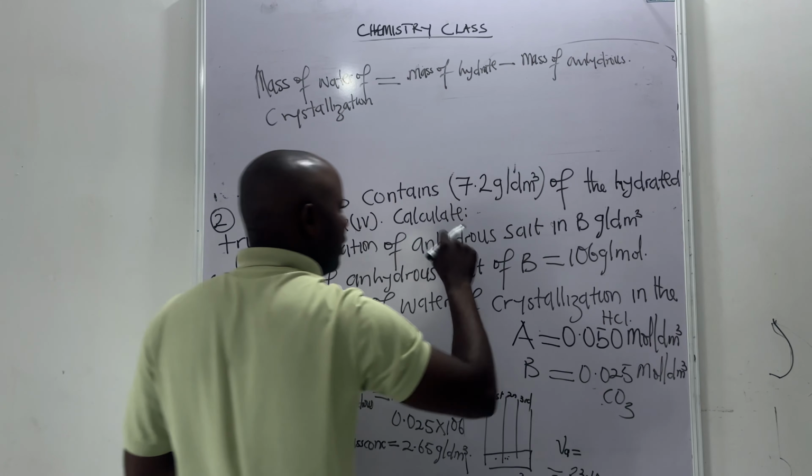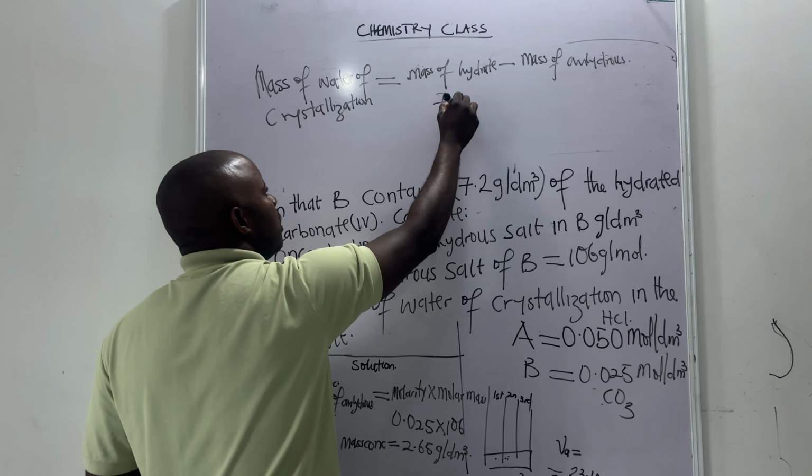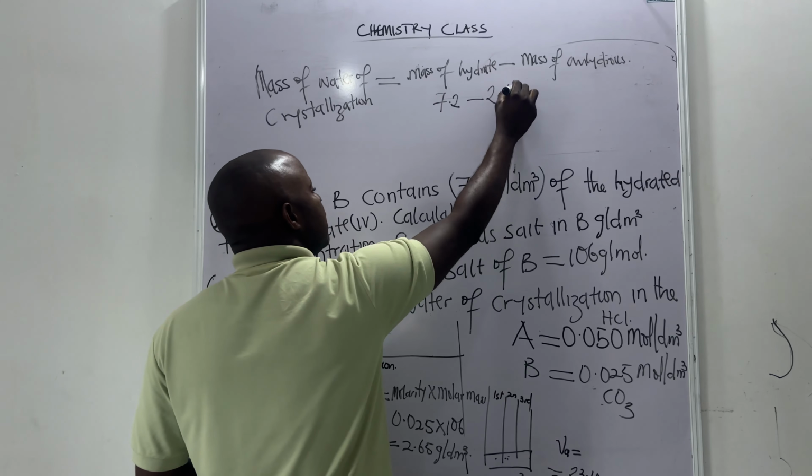We are also given that the mass of hydrated salt is 7.2, minus what we got here, which is 2.65.